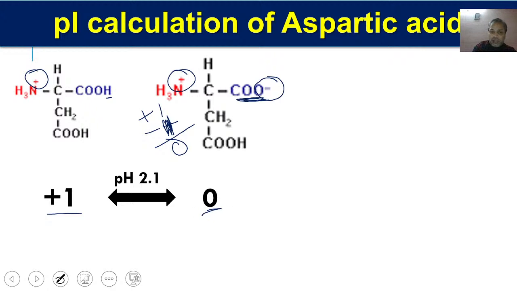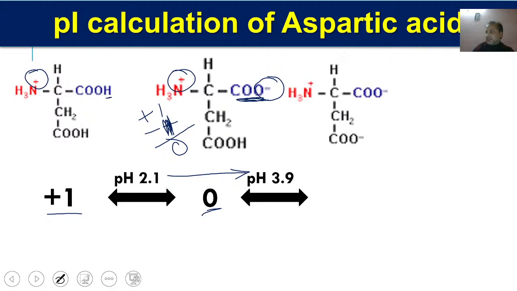Now I am going to increase the pH from 2.1 to the higher side. As soon as I reach pH 3.9, because 3.9 is the dissociation constant for another group, that group will dissociate. At this particular pH, this group is going to release its H plus.